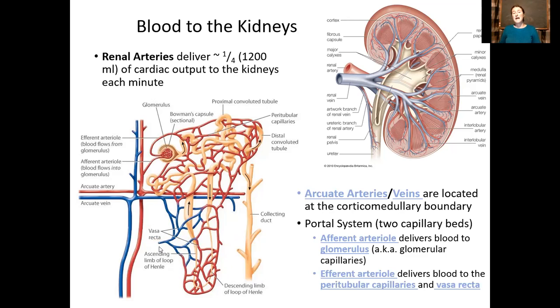And again, all of this is happening right at that boundary between the outer portion and the inner portion of the kidney, the corticomedullary boundary. In fact, these straight vessels here are literally right along that edge. So this is in the cortex, this is in the medulla. Any questions at this point?